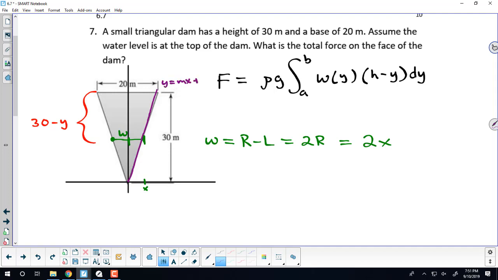Same way we found the other one. So I'll just label this here. Our right is mx plus b.